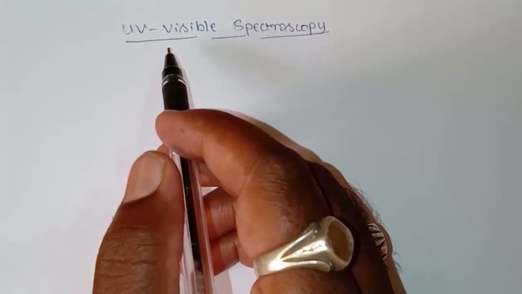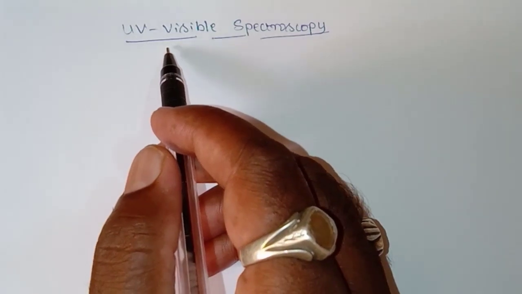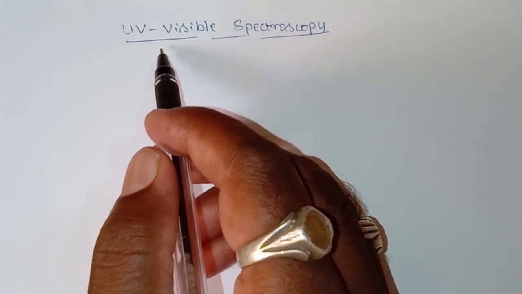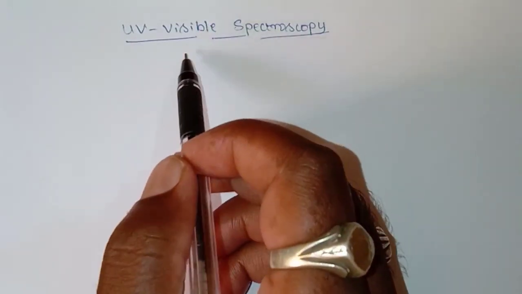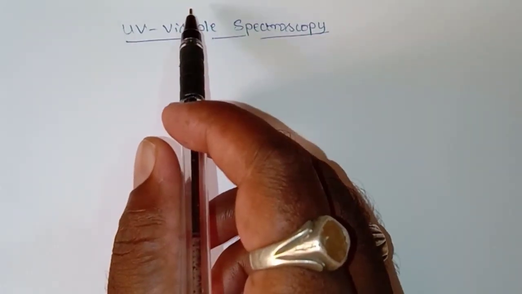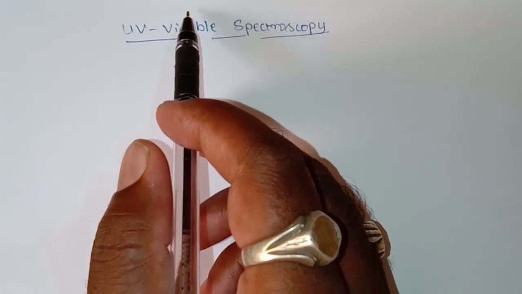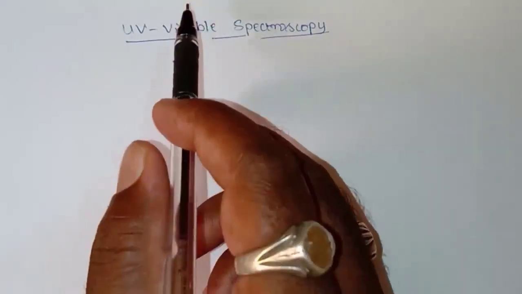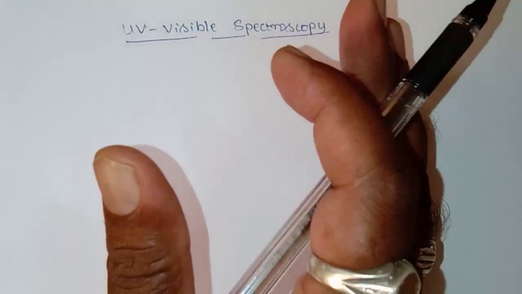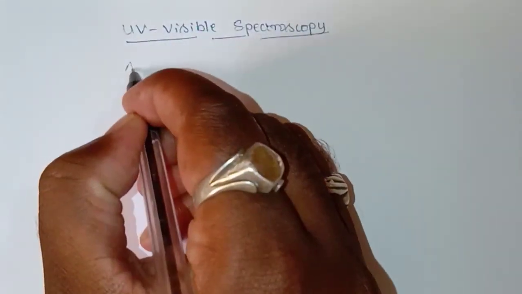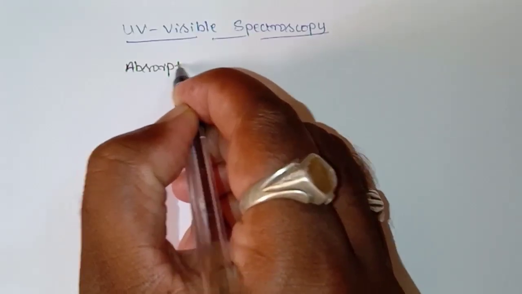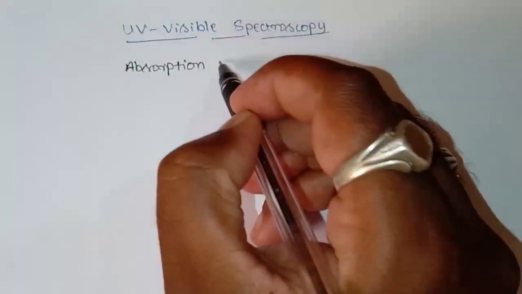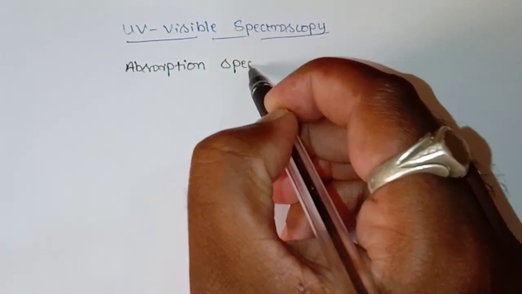Let us discuss the first and foremost method of organic spectroscopy, that is UV visible spectroscopy, which is majorly called ultraviolet spectroscopy. It falls under the category of absorption spectroscopy, because here we observe how much radiation is absorbed by the sample.